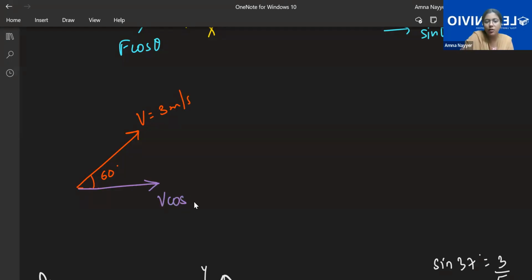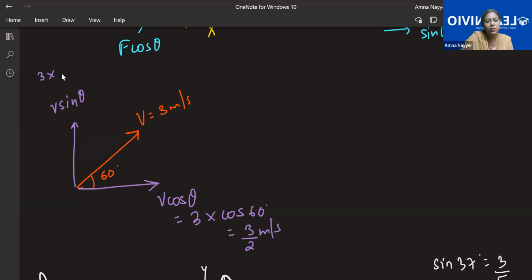This will be V cos theta, that is 3 into cos 60 degrees, which is 3 by 2 meters per second. And this will be V sine theta, that is 3 into sine 60 degrees, which is 3 root 3 by 2 meters per second.